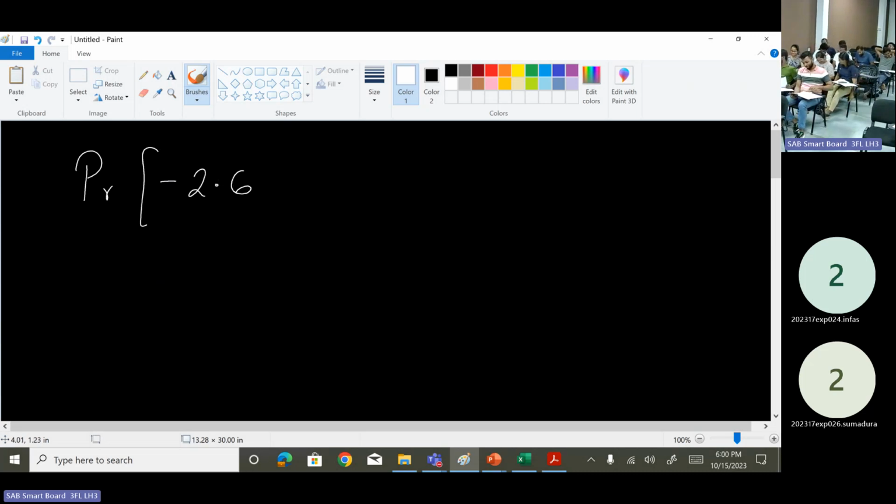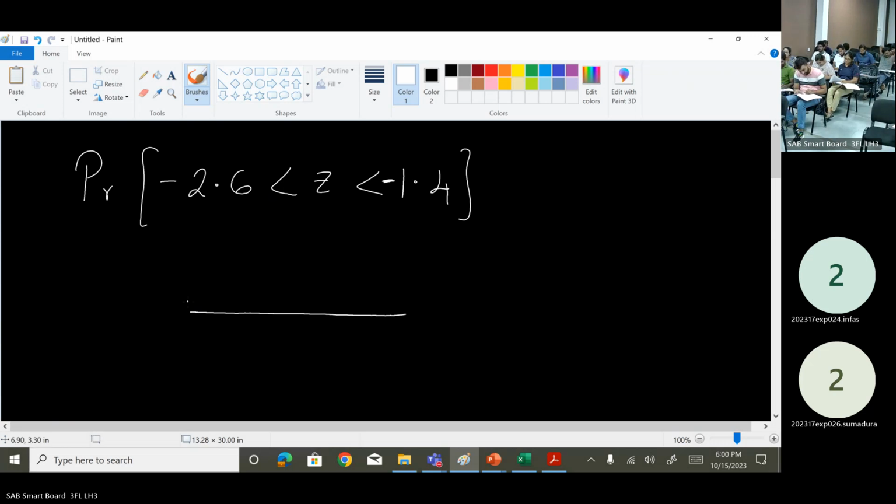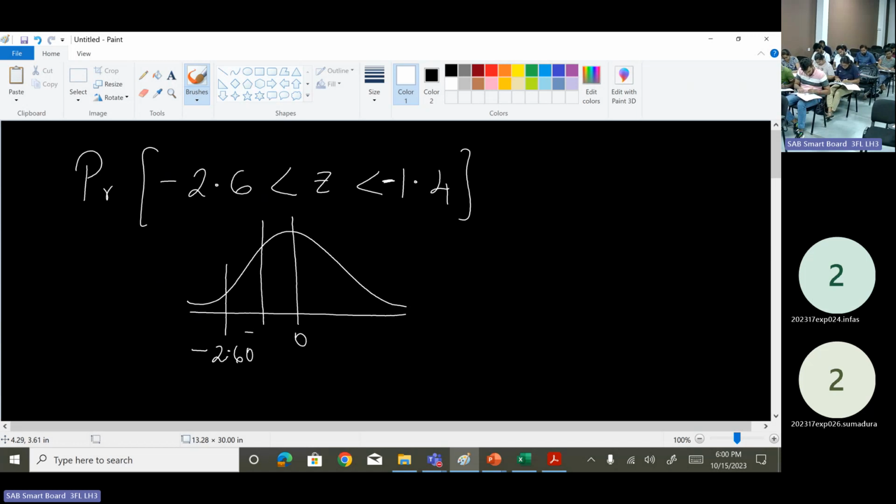Minus 2.6 less than Z less than minus 1.4. Minus 2.6, maybe somewhere there, and minus 1.40. We want the in-between region, this region we want.